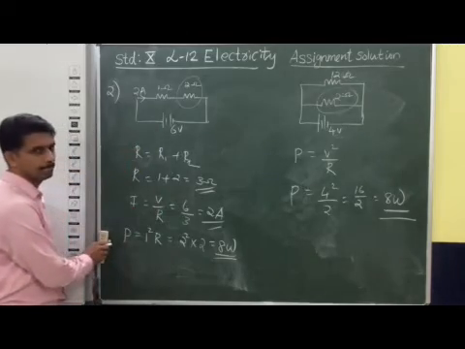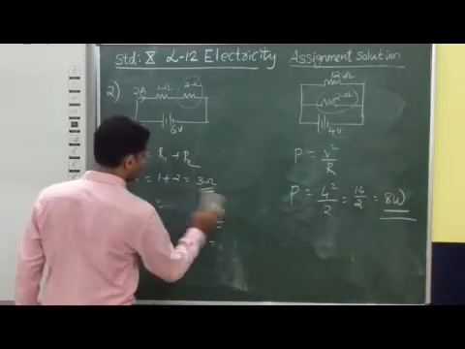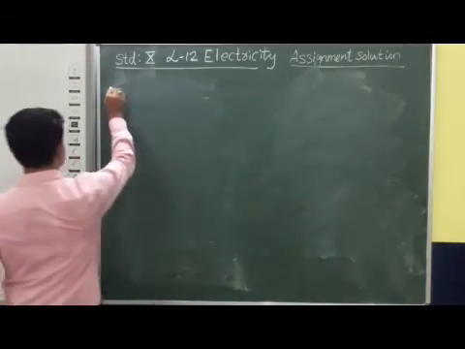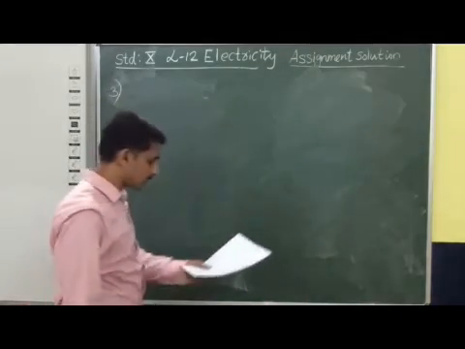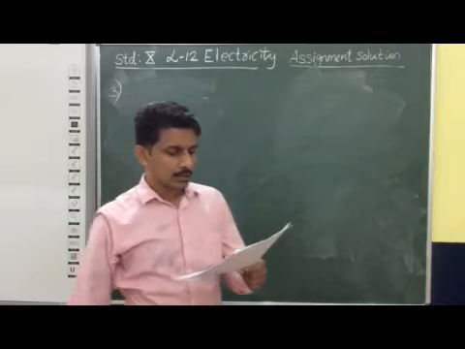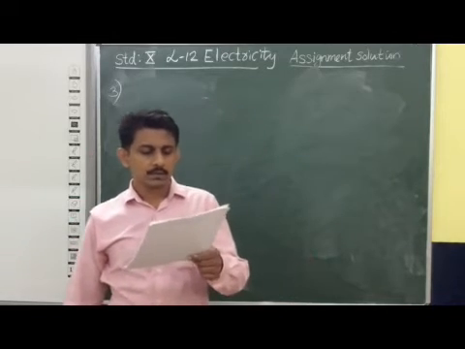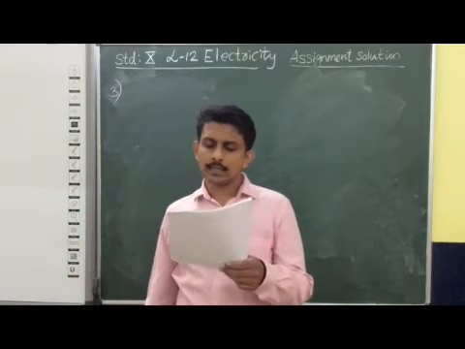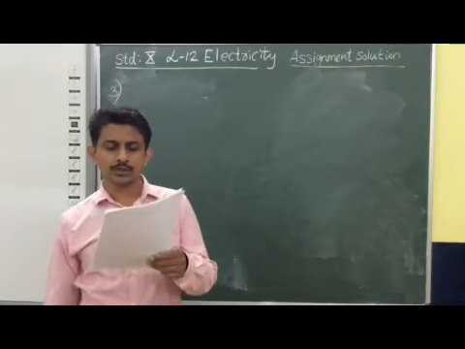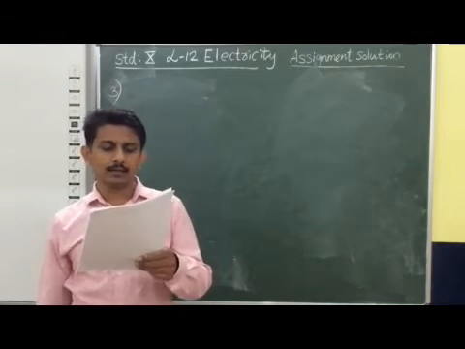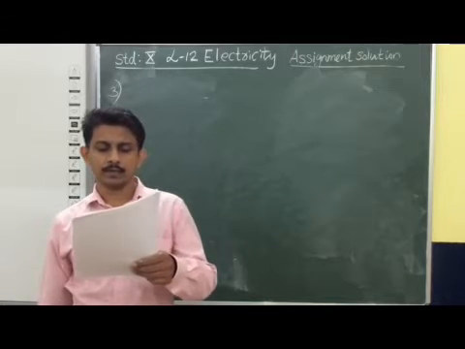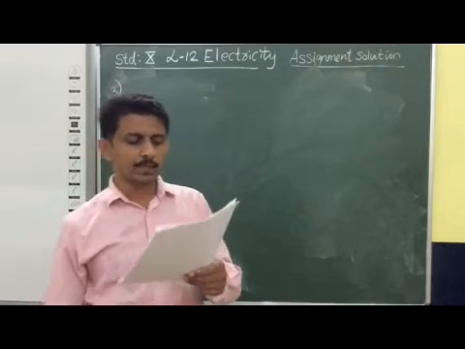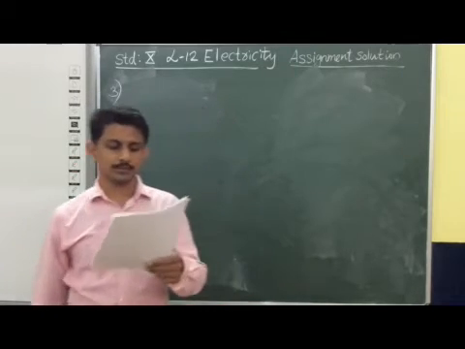Now we will discuss our question number 3. You can see that 2 lamps, one rated 100 watt at 220 volt and the other 60 watt at 220 volt, are connected in parallel to an electric main supply. What current is drawn from the line if the supply voltage is 220 volt?